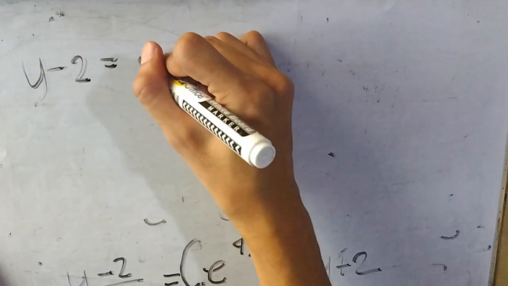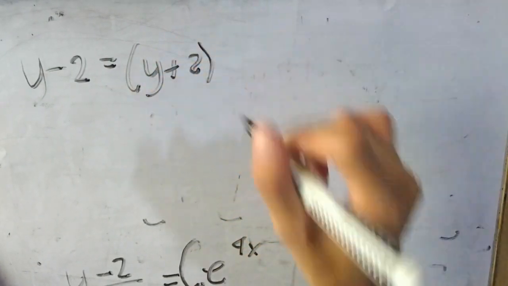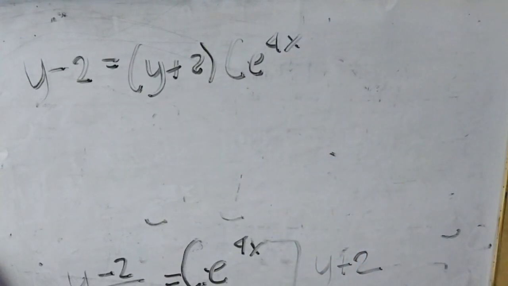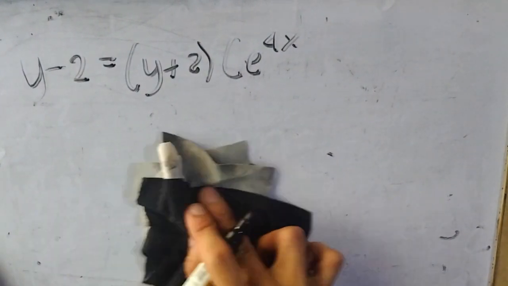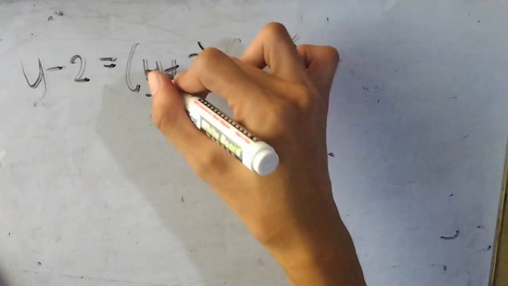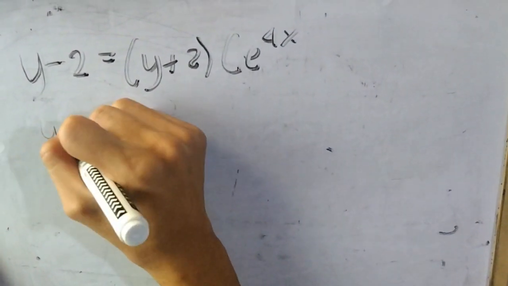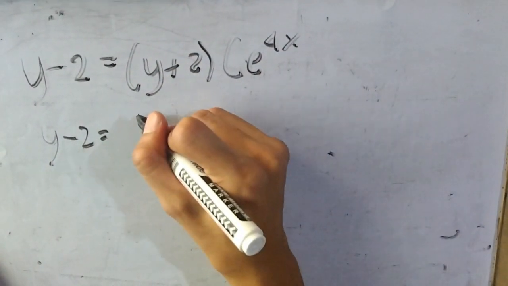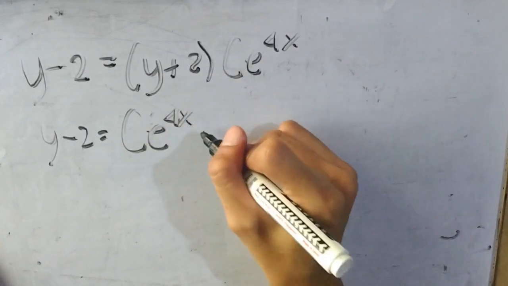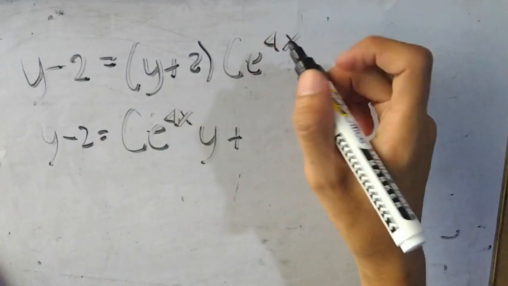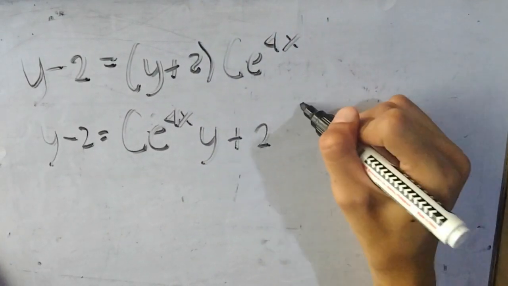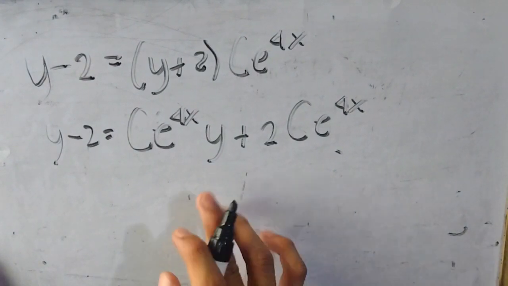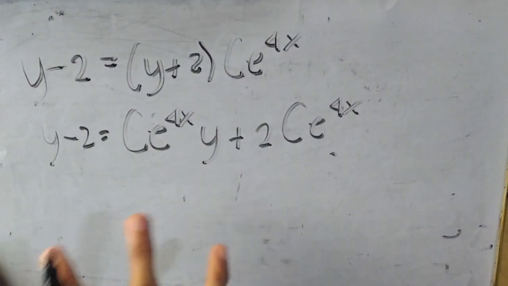Then here is y plus 2, and then c e raised to the 4x. After that, we will distribute the c e 4x times y minus 2. We will distribute this: c e 4x times y is equal to c e 4x y plus, if we distribute this, 2 c e 4x. So now we will isolate the y's in order to factor out the y.